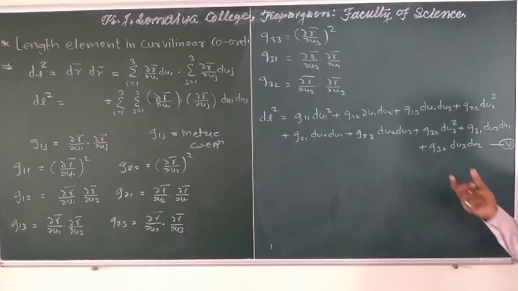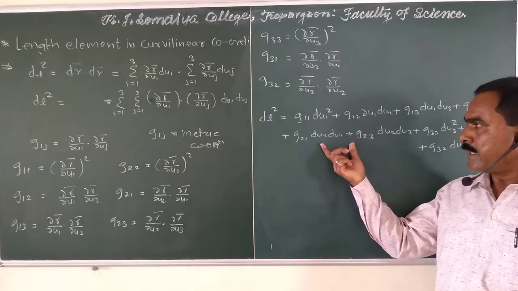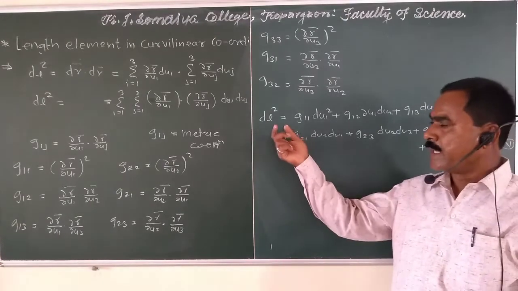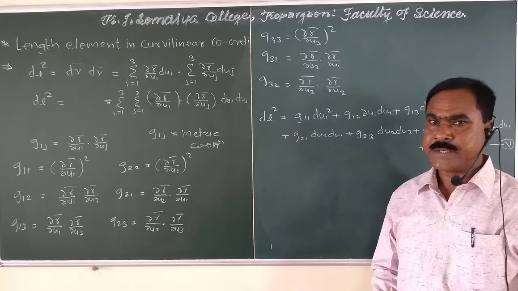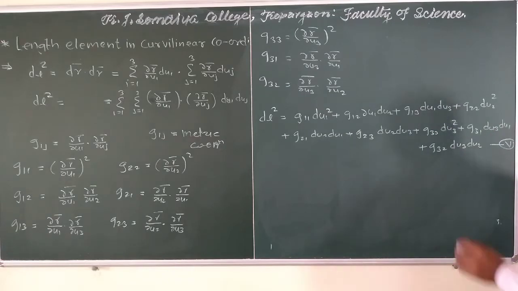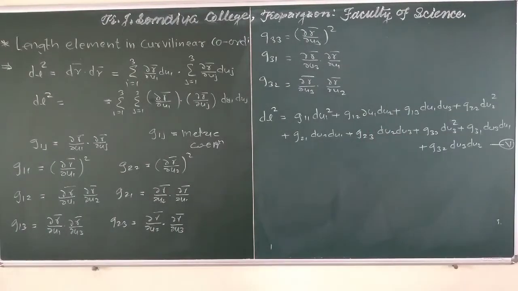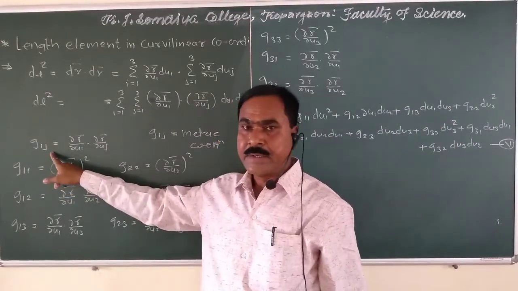Okay. So this is the length element in the curvilinear coordinate system, right? Now further we have to write this length element in the orthogonal coordinate system. This equation 5 is called the length element in the curvilinear coordinate system. Here we consider this gij as a metric coefficient.